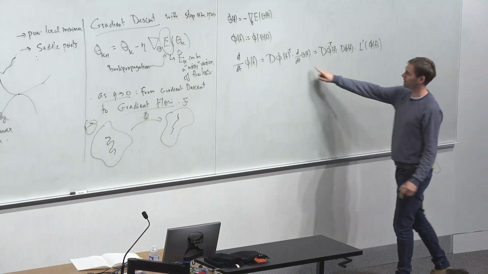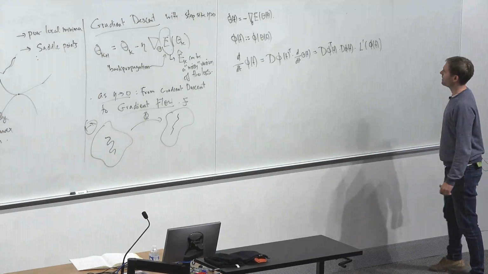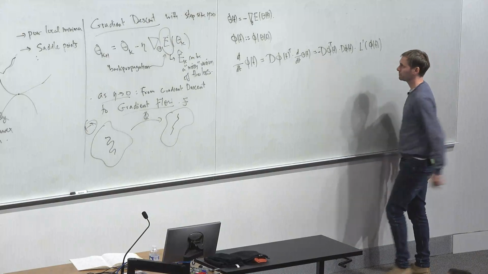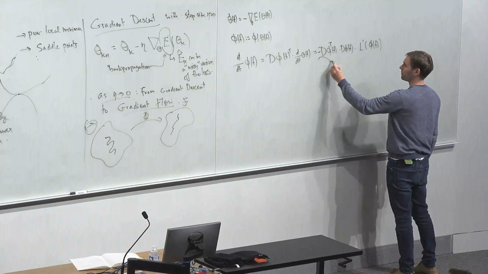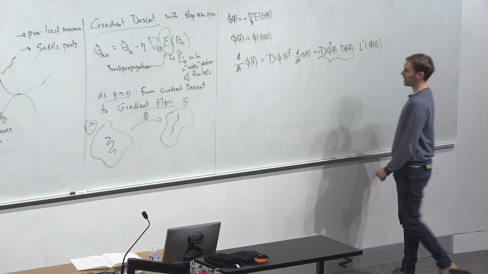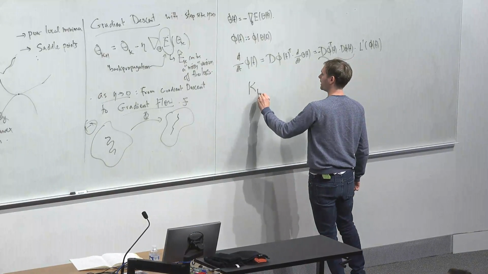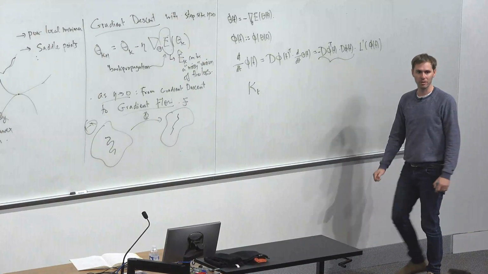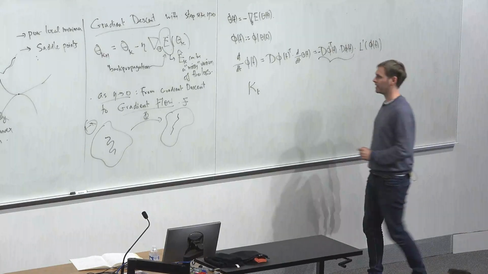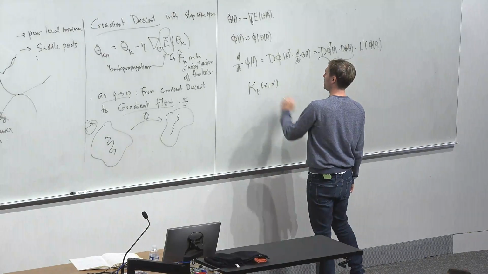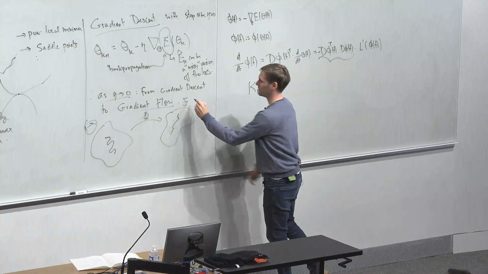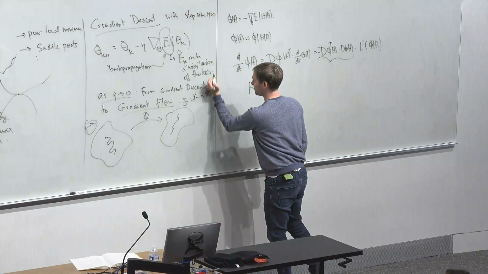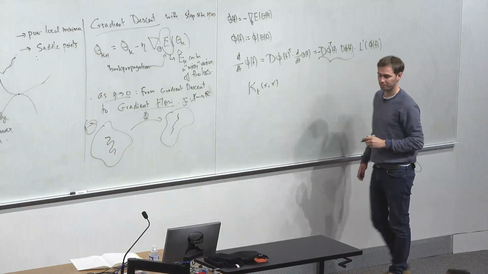Now let's try to interpret this trajectory. There are basically two ingredients, two objects here, and there's a minus that I forgot. This object we are going to call K at time t. Let's see what the description of this thing is in coordinates. You can think of it as an operator that has two arguments: these are two points, since these are functions that go from x to R, and these are two coordinates in that space.